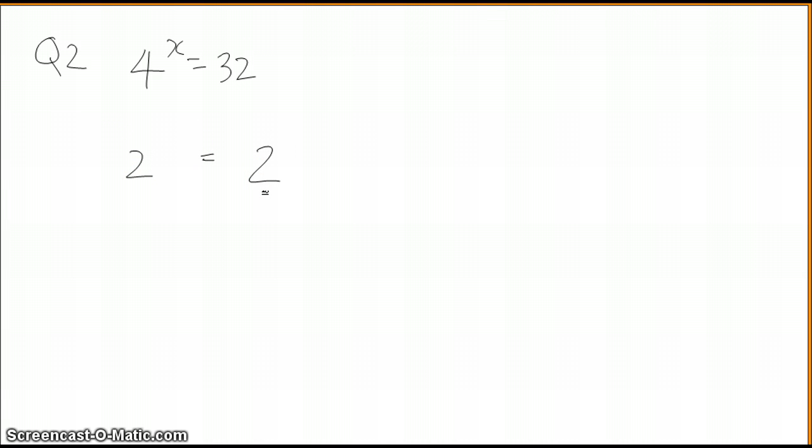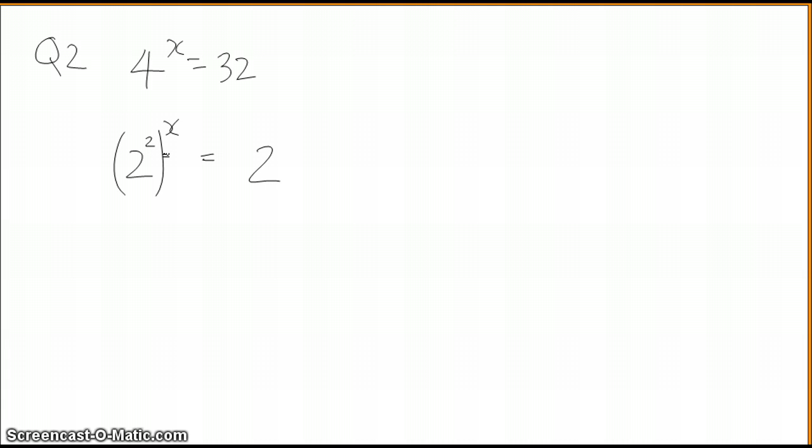in terms of base 2. So 4 is the same as 2 squared, do you agree? Okay. Don't forget it's still to the power x. And 32, how many? Let's work it out. 2 times 2 times 2.